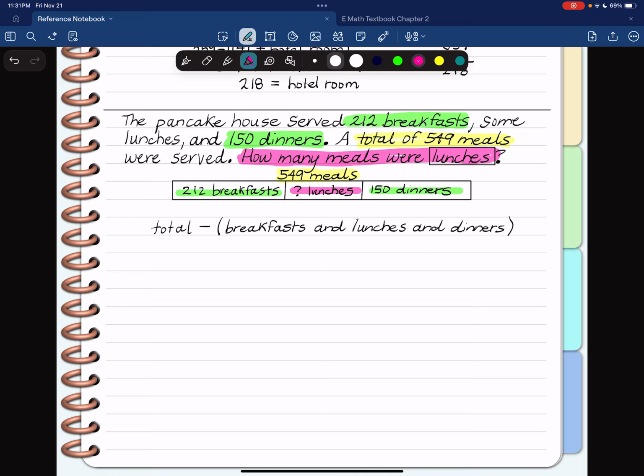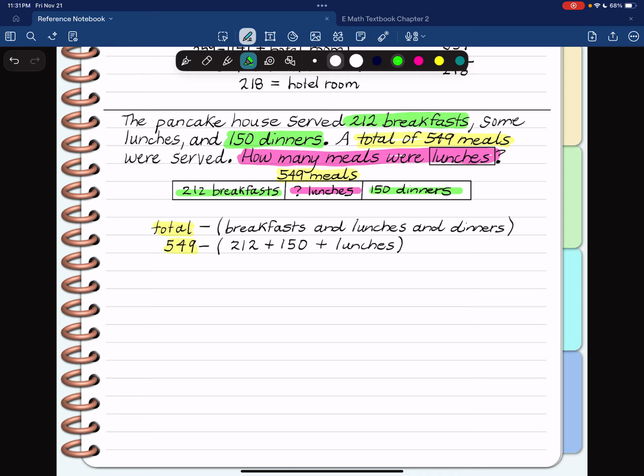And we know that our total was how many? 549. We know that we had 212 breakfasts and 150 dinners and some lunches. We're working on that. So we know that our total was here.